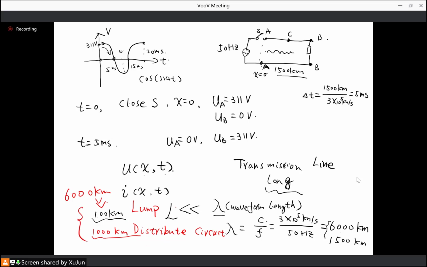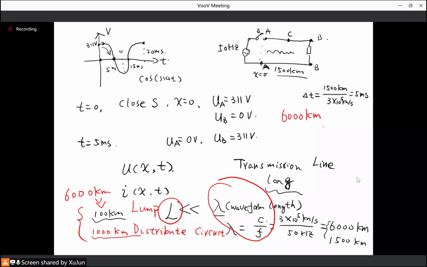We compare the length of the circuit with the length of the wavelength, calculated from this function. It depends on the frequency. So for the power system, the wavelength is 6,000 kilometers.